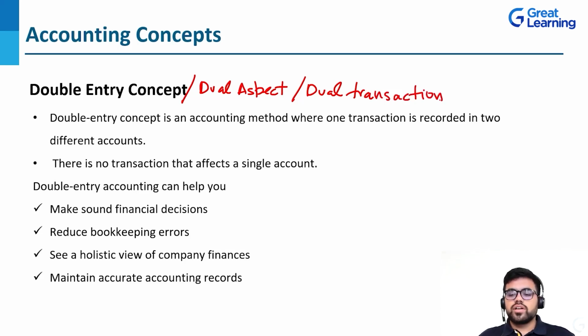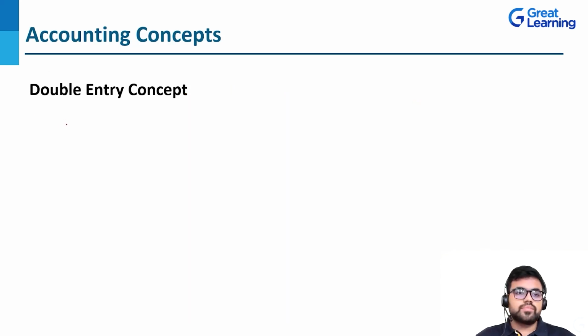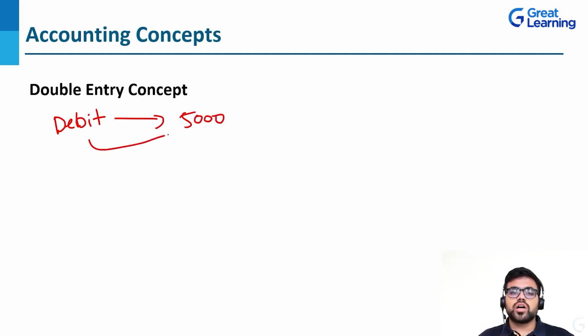Okay, so for understanding this, first we need to understand what a debit and a credit are. Let's say that you are buying a phone of 5,000 rupees. So 5,000 you will pay to the seller, right? Now this amount is going out of your account to someone else's account, right?